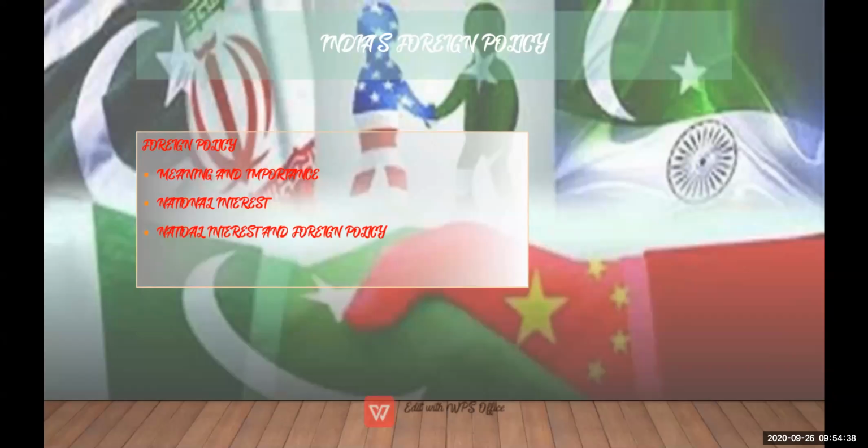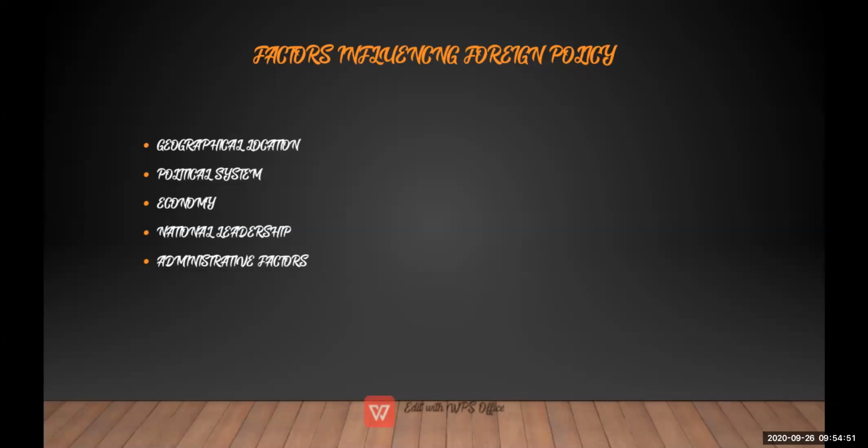Now let us discuss factors which can influence the foreign policy. Okay, first, very important, geographical location. We have already seen different maps and globes, and we already know the difference between nations.